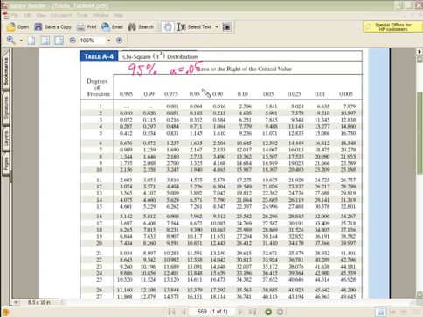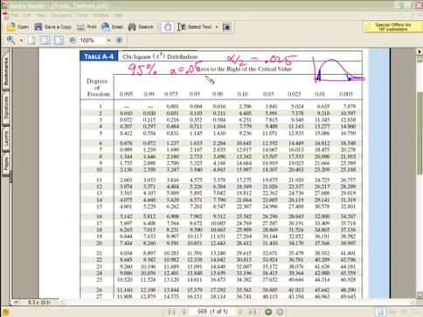and since we're talking about a confidence interval, this gets split into 2, so alpha over 2 is equal to 0.025. So that means we're looking at a graph of the chi-square distribution whose area gets split over here, and we're looking for these critical values.